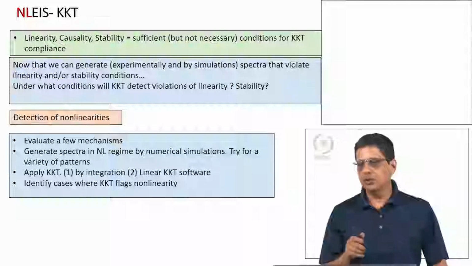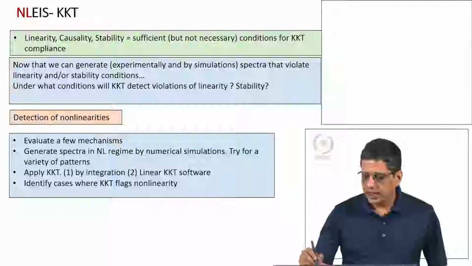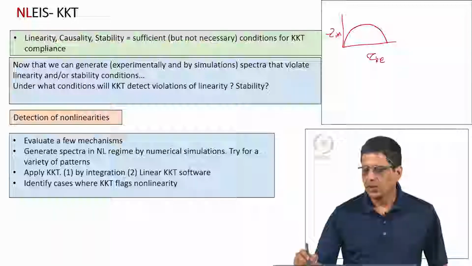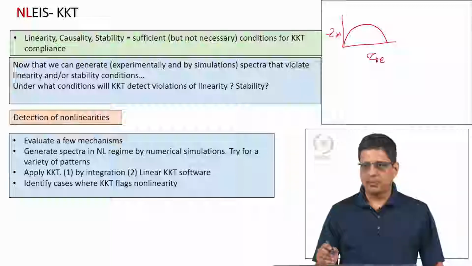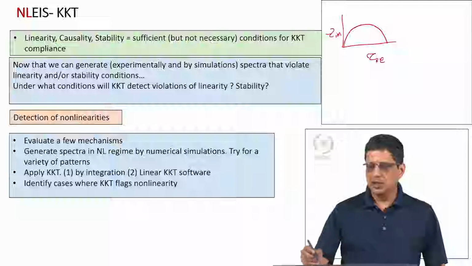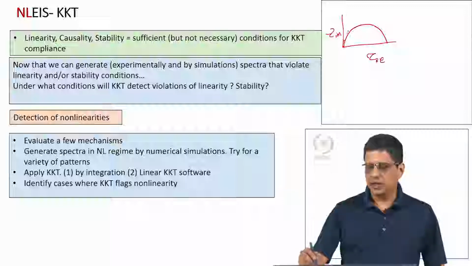To refresh your memory, under one condition we know for sure that the data will be KKT compliant even though it is coming from a nonlinear system. If you take a simple electron transfer reaction and generate a spectrum, assuming there is no mass transfer limitation and no solution resistance, in the complex plane plot the spectrum will look like this, going from high frequency to low frequency. Of course, this is the mid frequency.